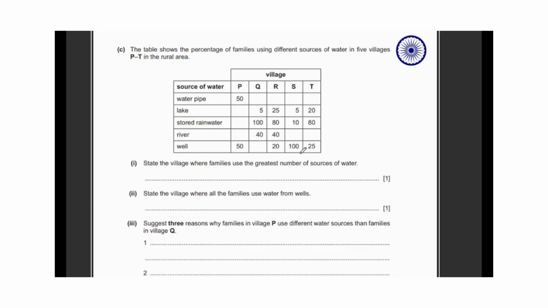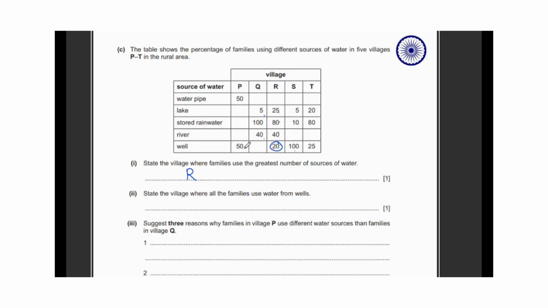Okay, now state the village where family uses the greatest number of sources of water. Where do we use the maximum? 1, 2, 3, 4. This is 3, this is 3, this is 3. So maximum is R. Next one, state the village where all the families use water from well.